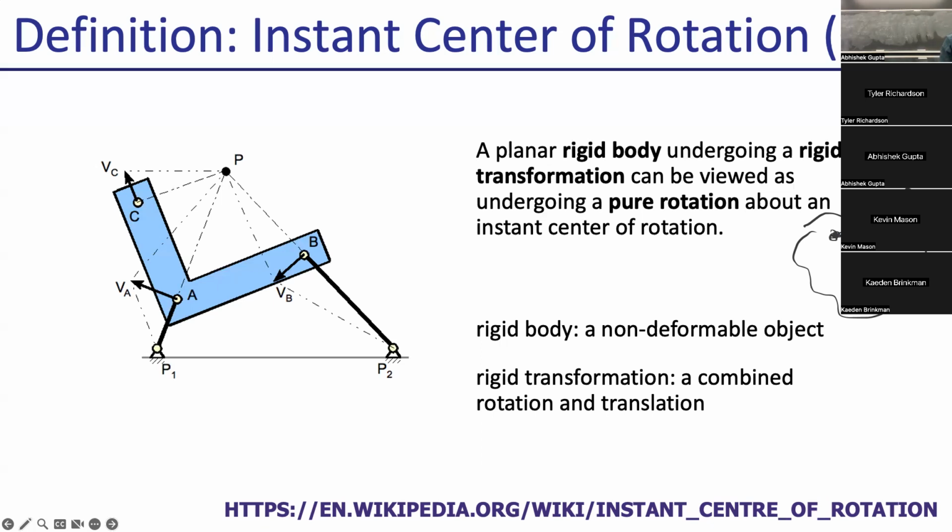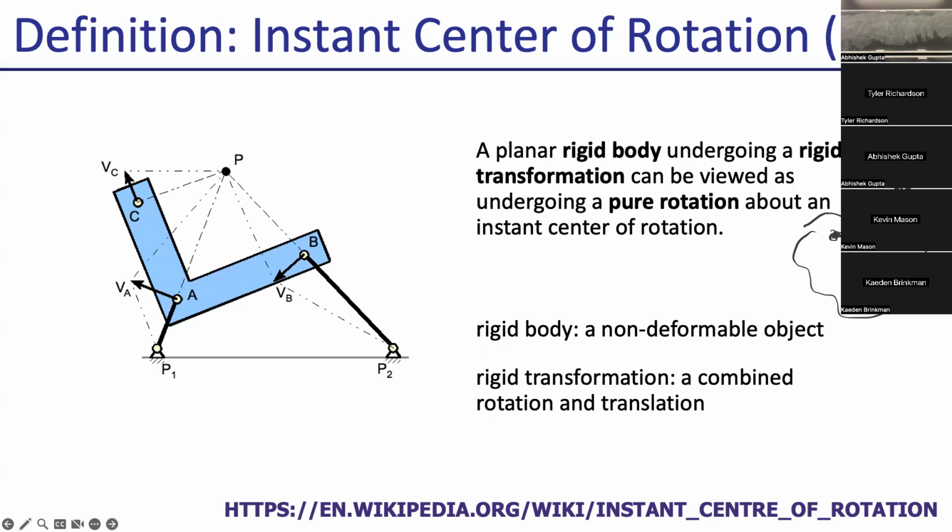Okay, so how do you find the instantaneous center of rotation? Let's say you knew that there is this point that is moving like this, and there was this point that's moving like this. Can you all think of ways to find the instantaneous center of rotation? Intuitively, this is moving like this, this is moving like this, and that's probably the instantaneous center of rotation.